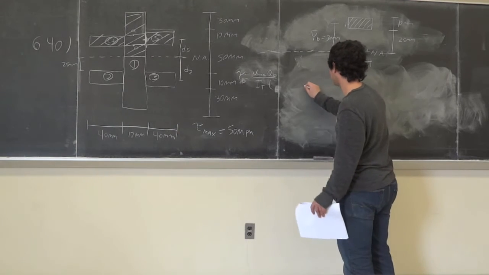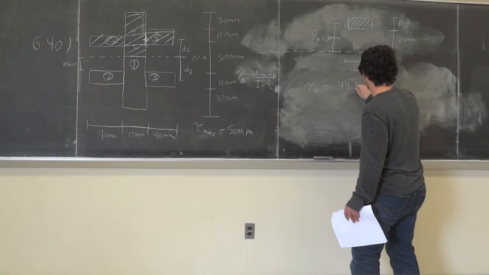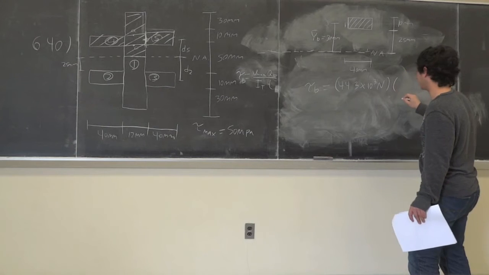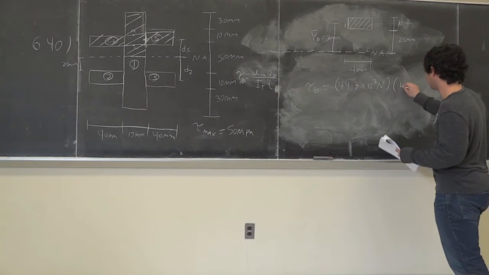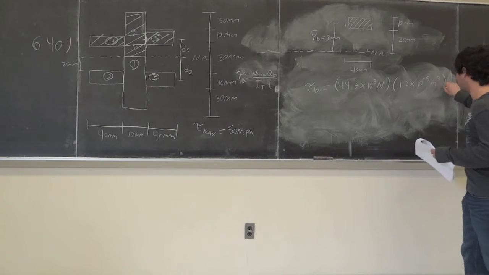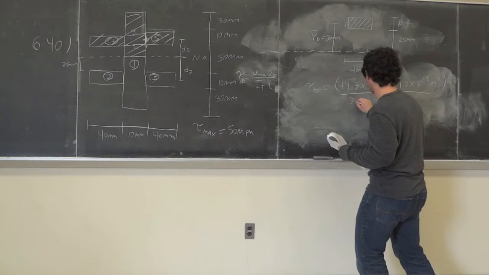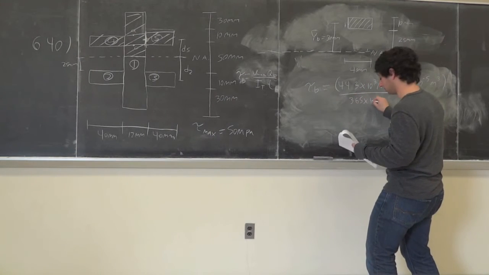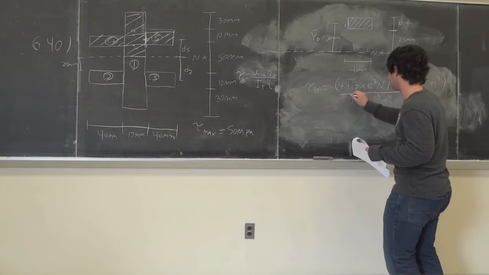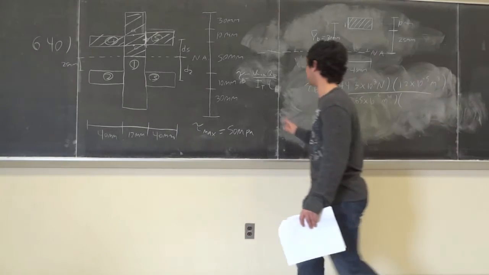So tau B is equal to 44.3 times 10 to the third newtons multiplied by QB, which is 1.2 times 10 to the negative fifth meters cubed, all over the total moment of inertia again, which is 3.65 times 10 to the negative 6 meters to the fourth, multiplied by the thickness.